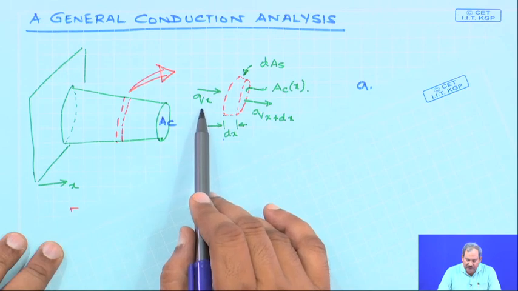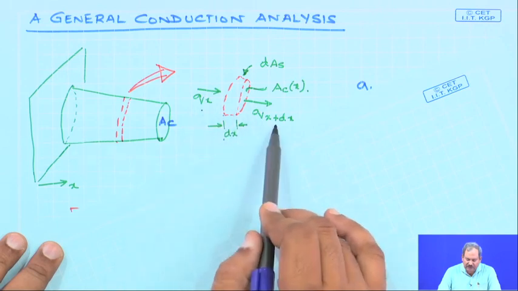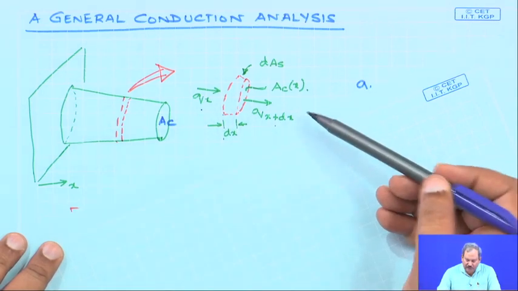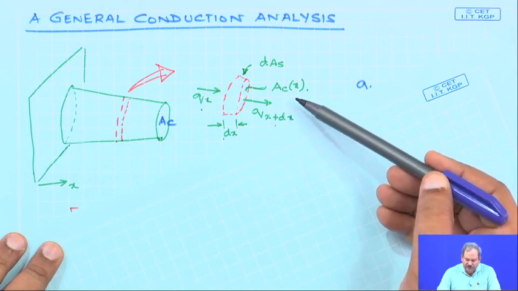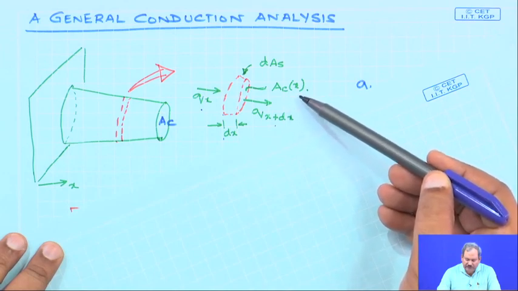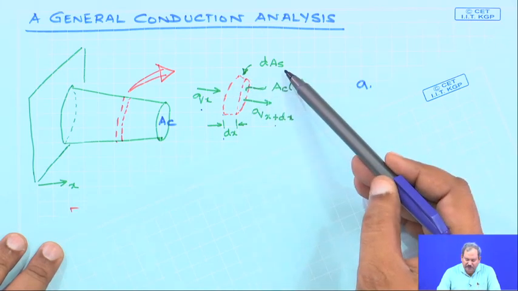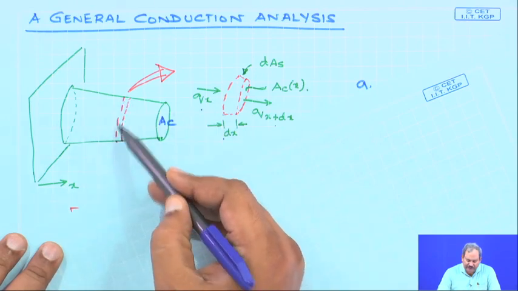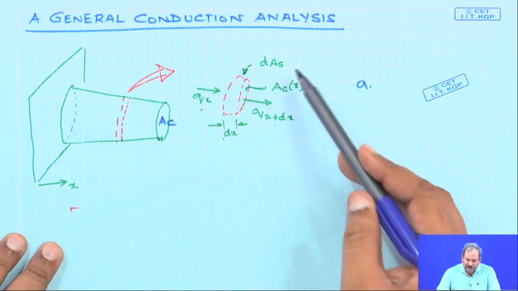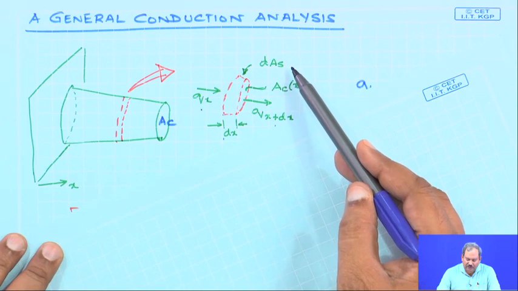So, this is conductive heat in and conductive heat out. We realize, as we have stated before, that the cross sectional area could be a function of x. This area denoted by dAs, the surface area, is available for convective heat transfer.